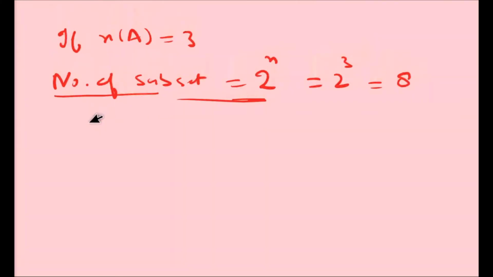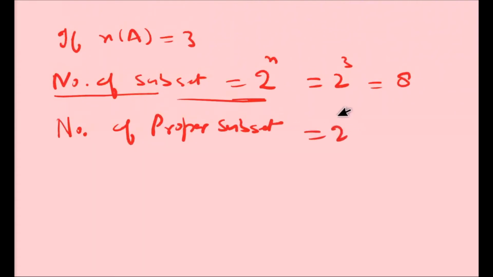Now we can say one subset is equal and the other subsets are not equal. So the number of proper subsets is 2 to the power n minus 1. Here in this example, 2 to the power 3 minus 1, 8 minus 1 equals 7. And what are the proper subsets?